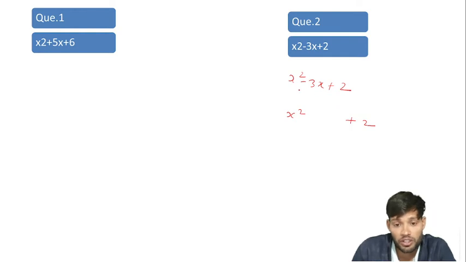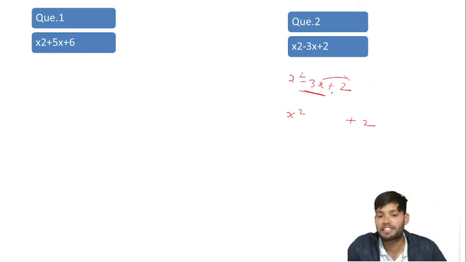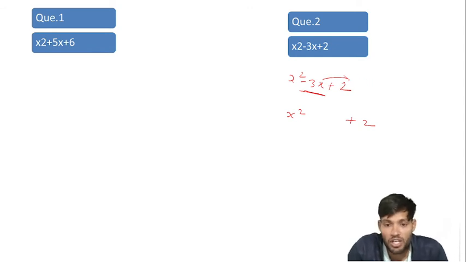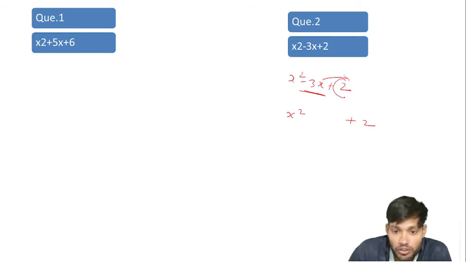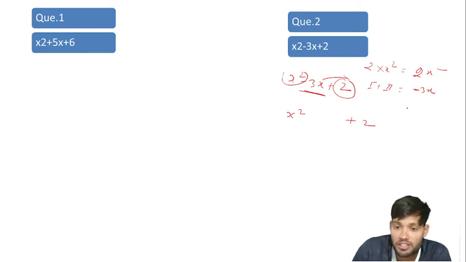Here we have to split 3x in such a manner that when we add both the numbers it gives minus 3x, and when we multiply both the numbers they give 2x square. So 2 and x, when multiplied, 2 into x square, that means both the numbers should give 2x square, and when we add the first number plus the second number, it should give minus 3x. So we have to take this type of number.